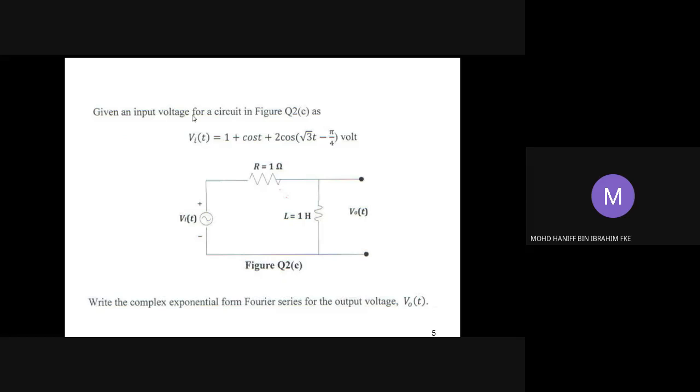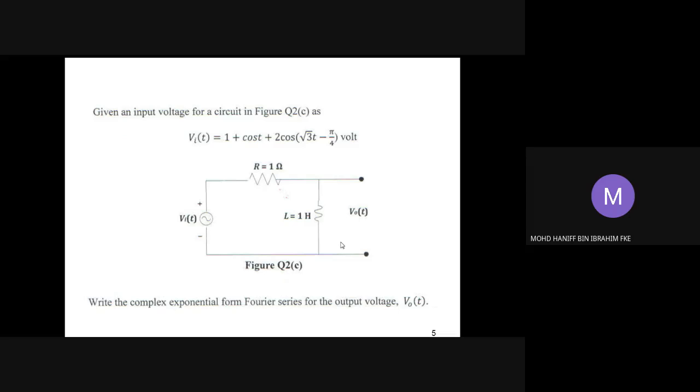Based on this input voltage, you need to write the complex exponential form of the Fourier series for the output voltage V0, which is measured across the inductor L of 1 henry. So this is the case whereby we need to apply the Fourier series equation.